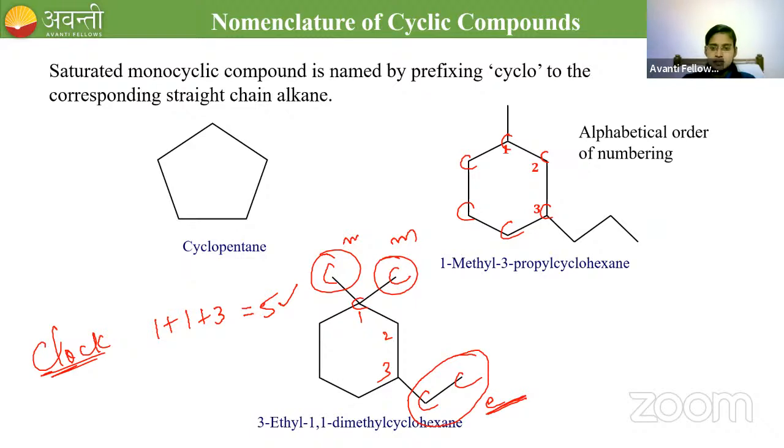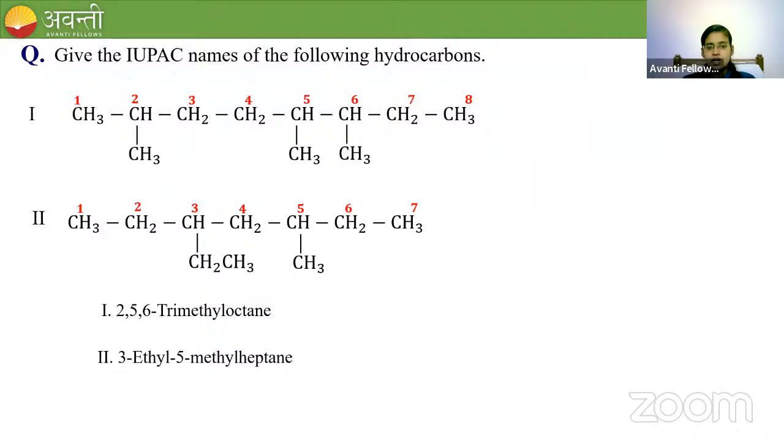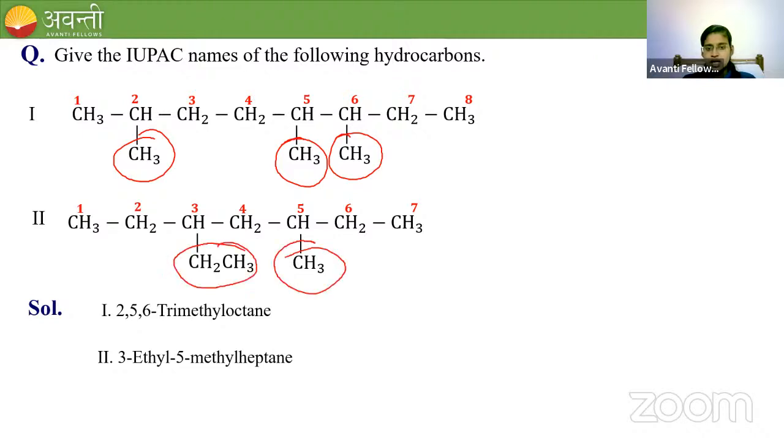Okay, listen. Here I have got the questions as well as the answer. In the first compound, the straight chain is the parent chain and we have 3 methyl groups attached. So it is 2, 5, 6 trimethyl octane. In the second compound, we have 2 substituents attached. 3 plus 5 is the correct way of numbering, and if you go from right to left also, you will get the same numbers 3 and 5.